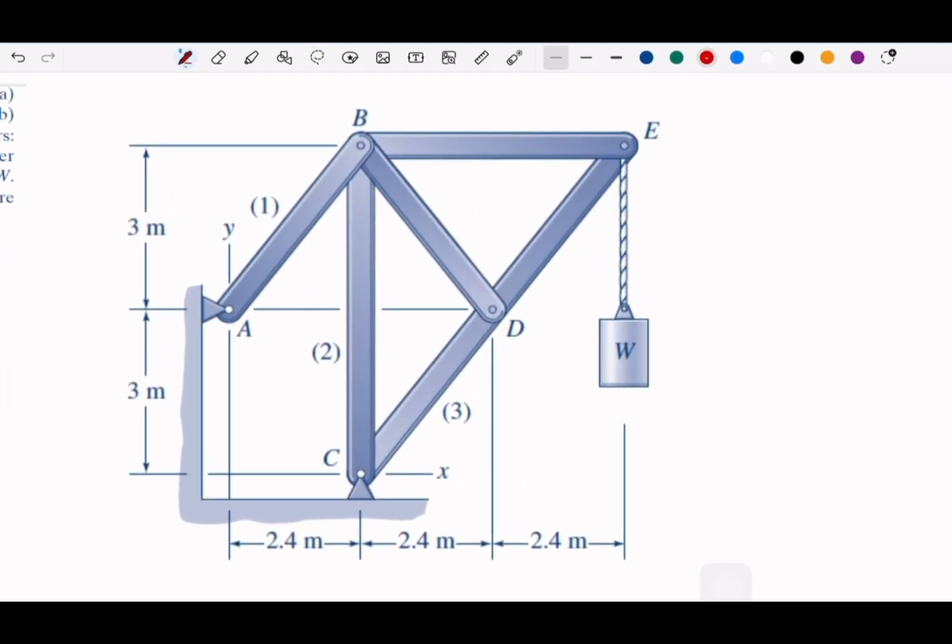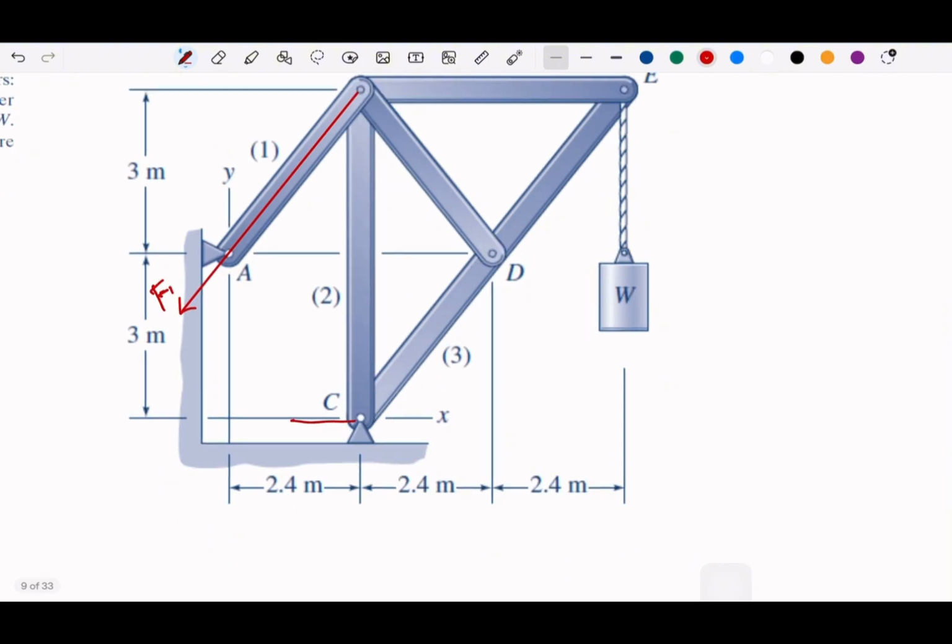Okay, so if we see from the picture here, perhaps to make it clear, suppose that what we have here is the F1, and then we have the support C, with CX and CY, and then we have this weight W, right?